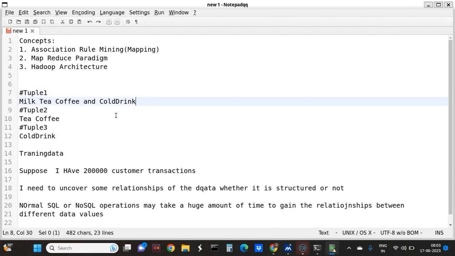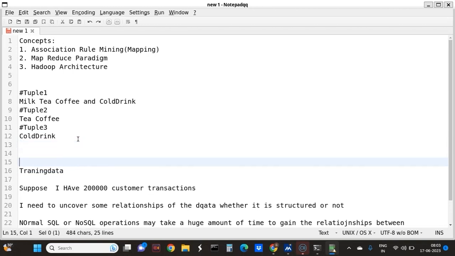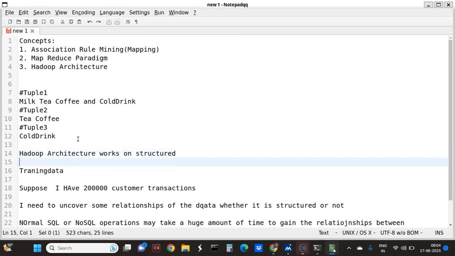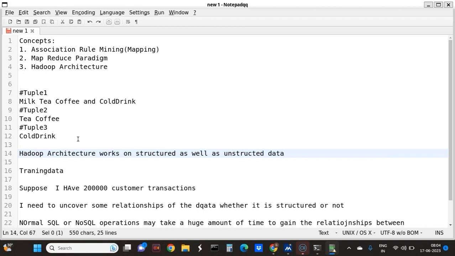This is unstructured data. So you can see that Hadoop architecture works on structured as well as unstructured data.